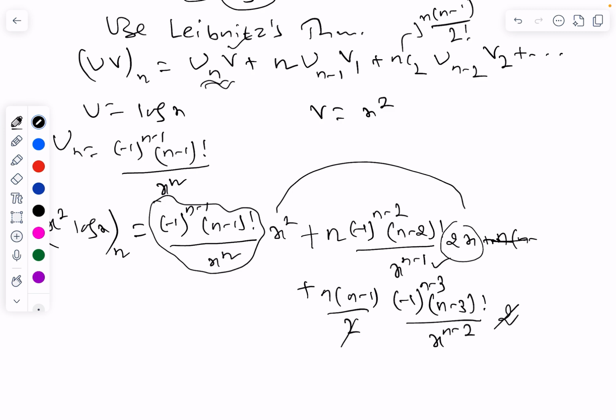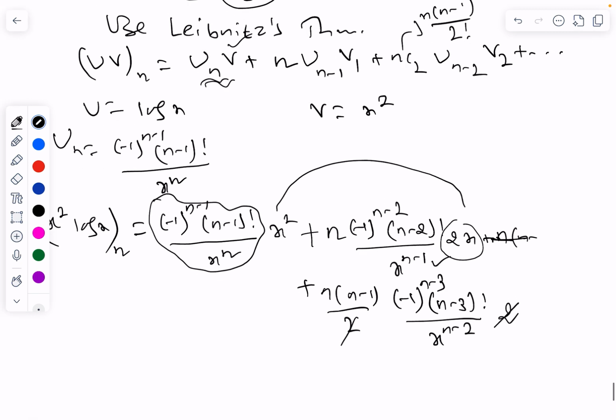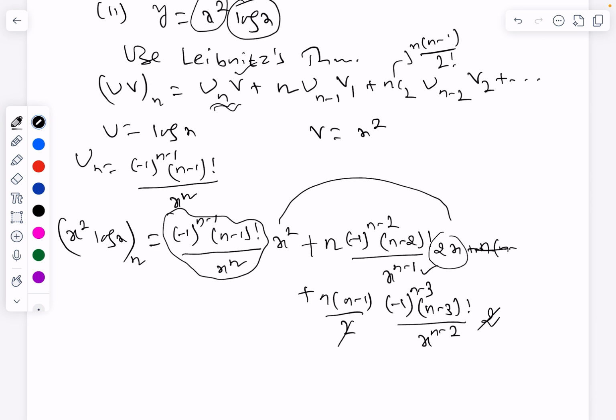So this 2 you can make it cancel. This is the answer. So this is the nth derivative of x square log x.